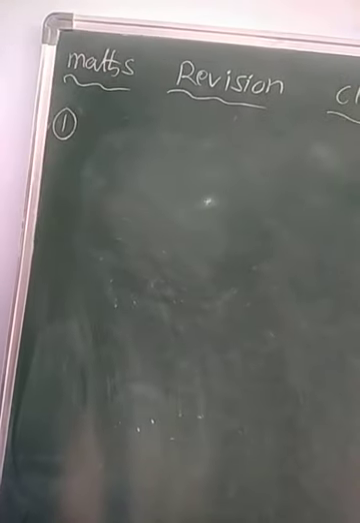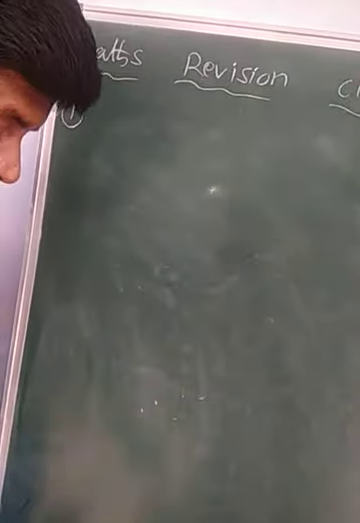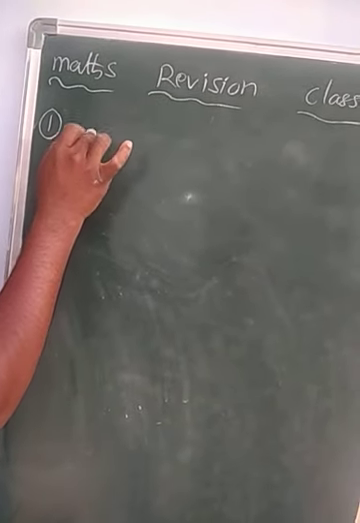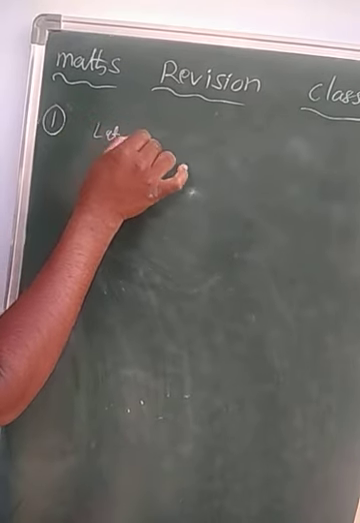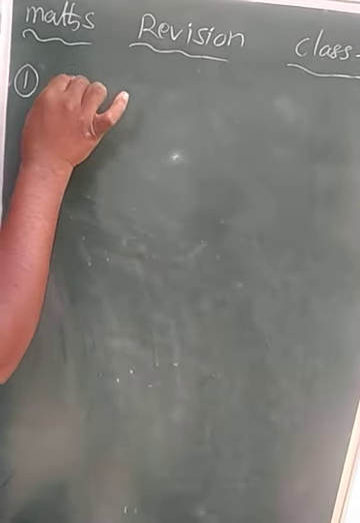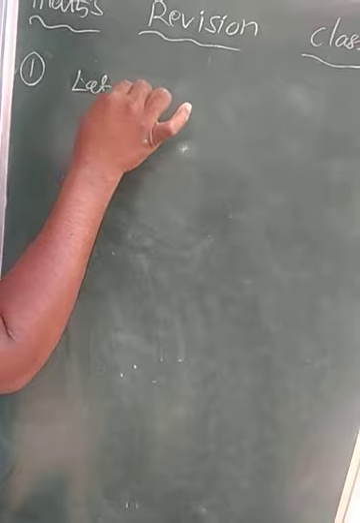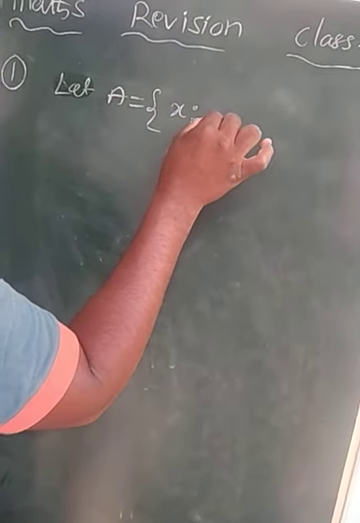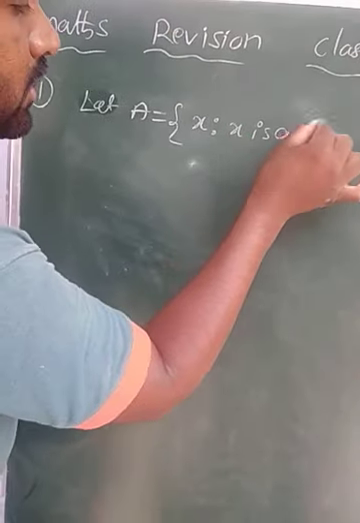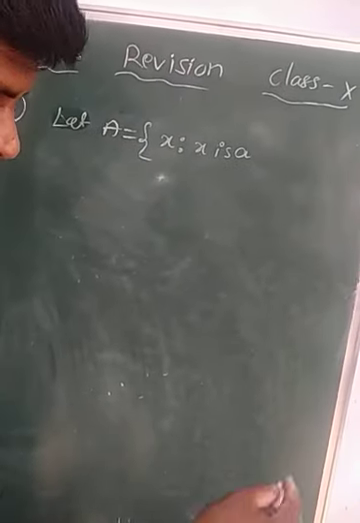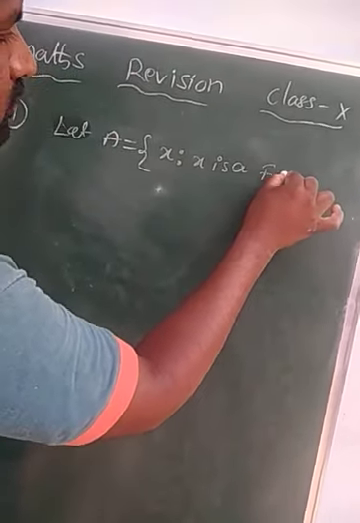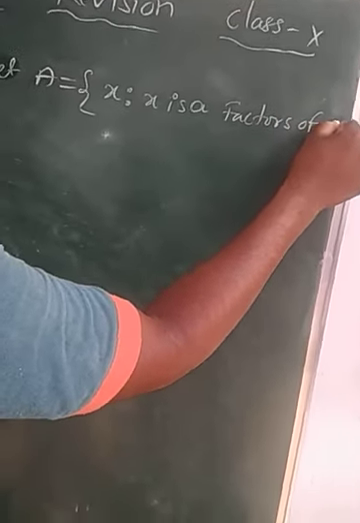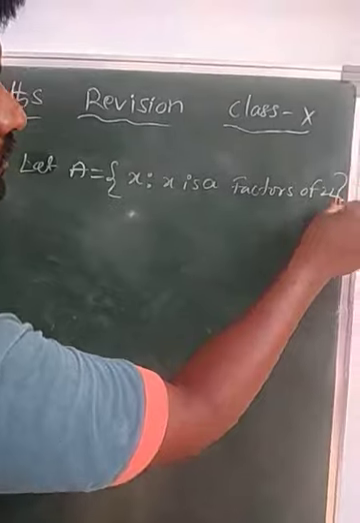The question number 1 is: let A is equal to the set of x such that x is a factor of 24.